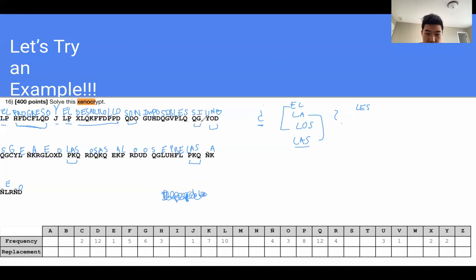Okay, SI means if. You might be familiar with C with an accent. That means yes as a response, but SI with no accent means if. I'll read the quote after we solve it and then I'll translate it so we know what it actually means.